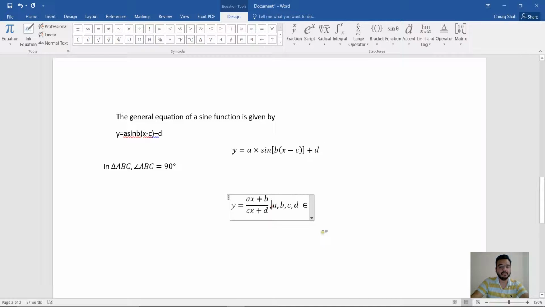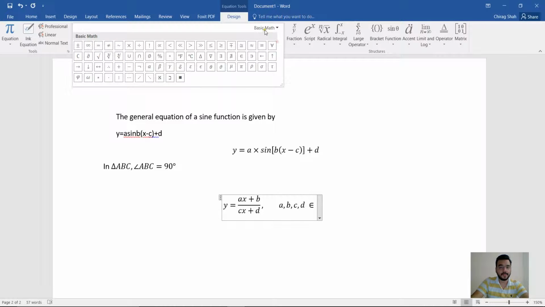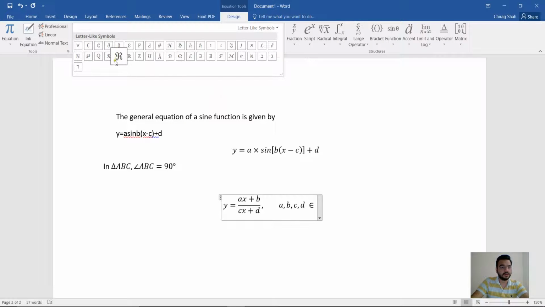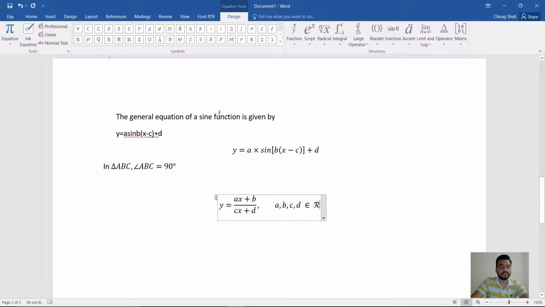Belongs to, or the element of, let's say the real numbers. So you can click on the letter-like operators and I can say that all these a, b, c, d belong to the set of real numbers. Of course there are some conditions that c and d cannot be 0 at the same time. I'm just here to explain to you the basic equation typing of using Word.